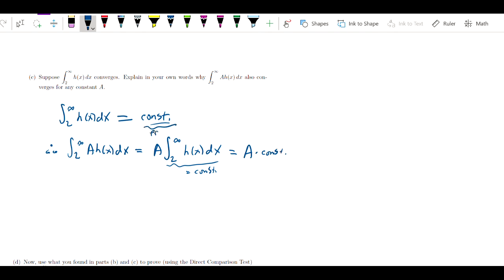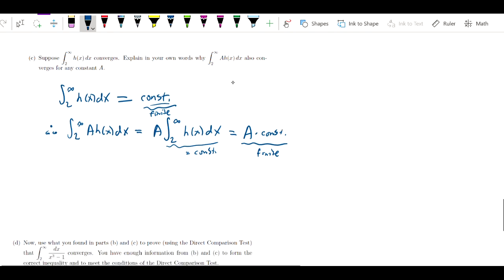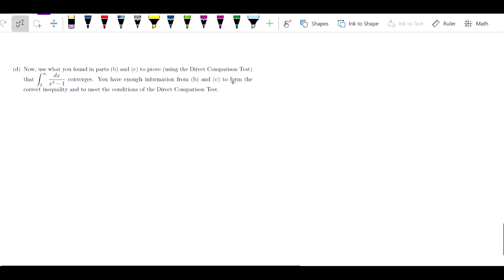So this is a finite number, and a times a constant is also a finite number. Well, that's what it means for an integral to converge: if I integrate, I get a finite number. So we know that if the integral of h of x converges, in other words, adds up to a finite number, then the integral of a times h of x just adds up to a different finite number, and therefore it also converges.